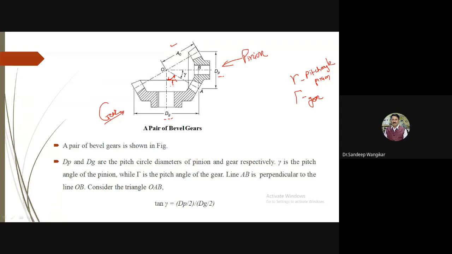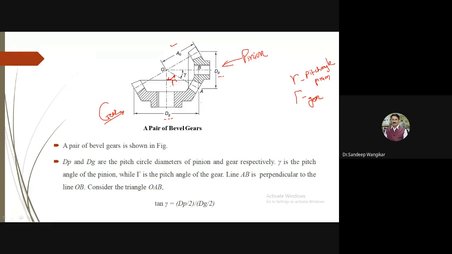Line AB is perpendicular to line OB. Consider triangle OAB, this small triangle. You can say tan of gamma is equal to AB divided by OB.